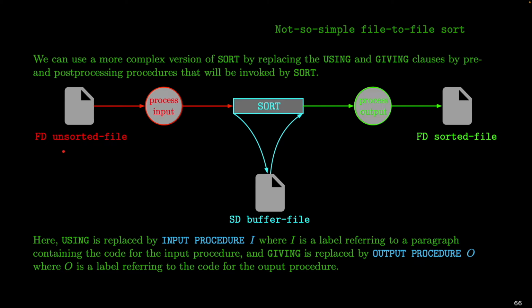Again, we read the data from an external file, the unsorted data file. Then we process it in some way, use sort together with the buffer file, hand the sorted data to another processing procedure, and finally write it to the file for the sorted data.